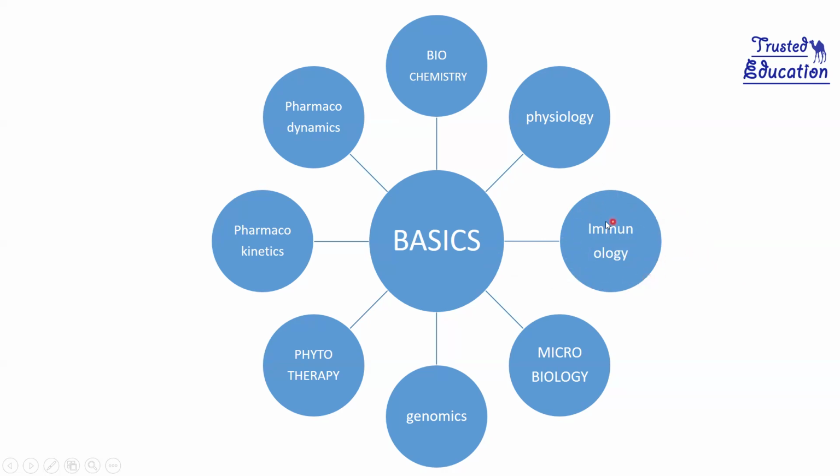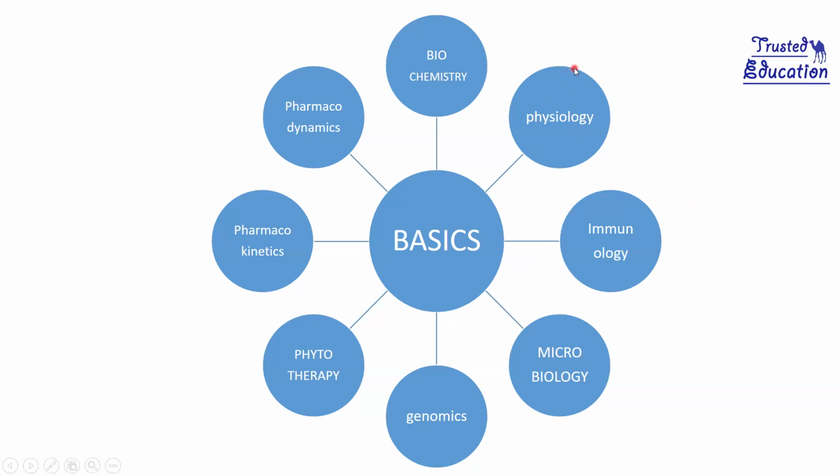I can tell you that in the exam it may account for more than 5 questions. 5 questions, if you multiply by 4, means 20 marks. So we must not underestimate this topic and also all of the other topics. But immunology is the biggest part of the basic sciences.